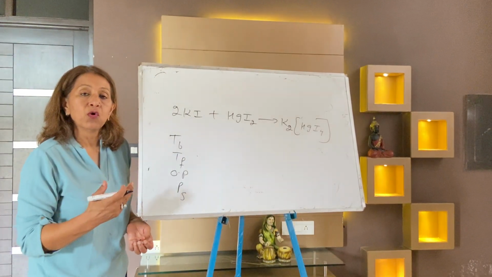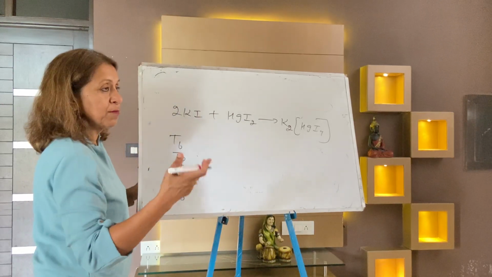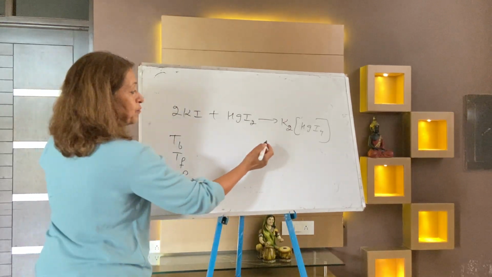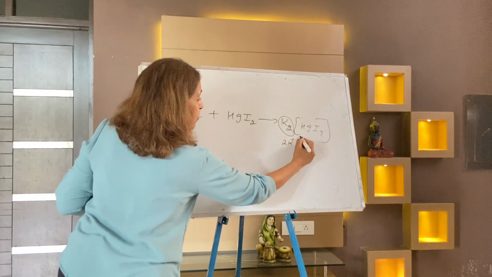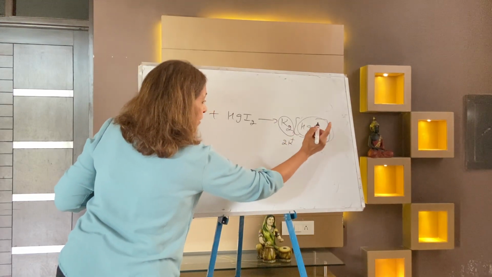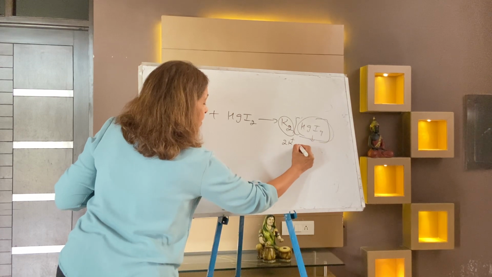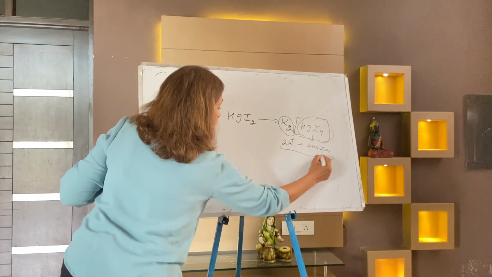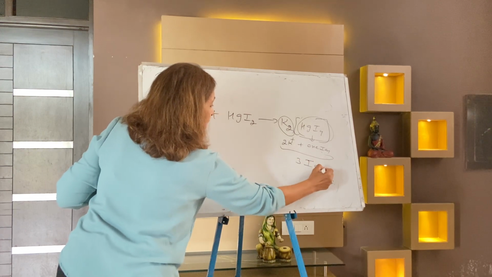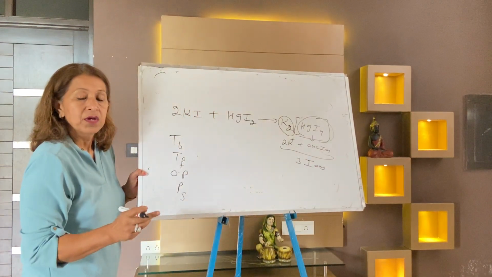Dear children, when we move from reactant to product, let us see how many moles decrease or increase. Here it is 2 potassium ions and 1 complex ion. You know coordination compounds, this is a complex ion. Consider it 1 ion. Total becomes 3 ions on the product side.